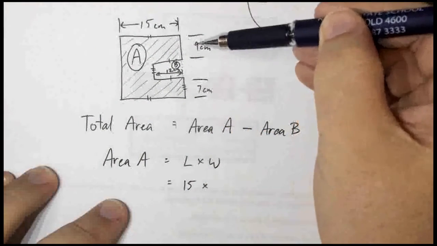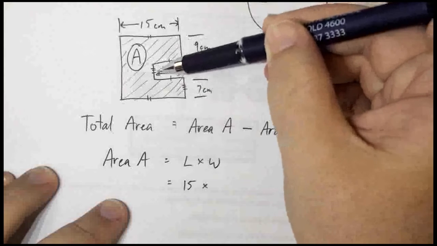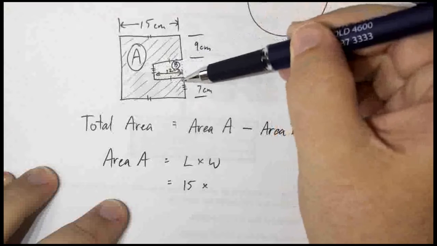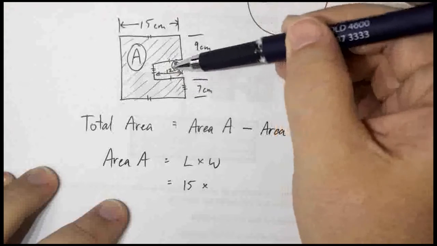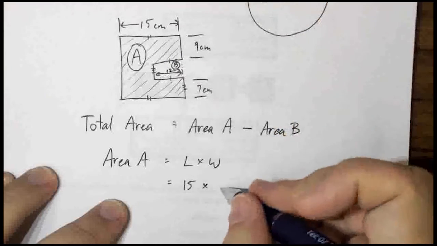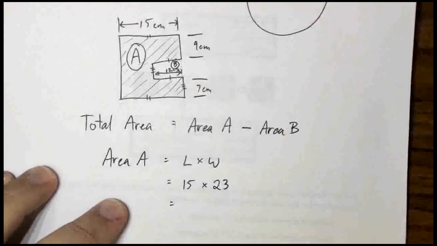So we have to do 9 plus these 2 sections. What's the length of that section? Oh, well, we're given it here because it's the same length as that. So 7 plus 7 plus 9. So 14 plus 9, which is 23. So I would do that, and I would be able to actually figure that out.